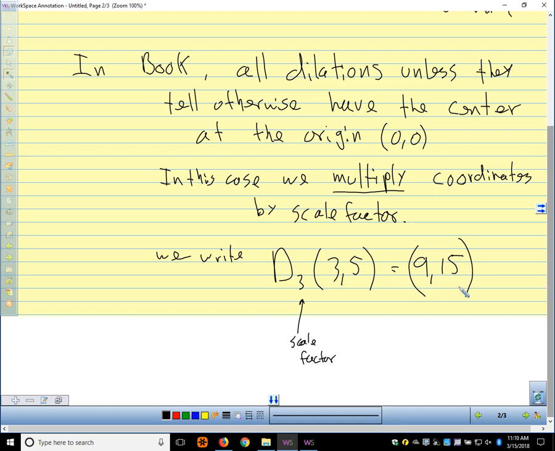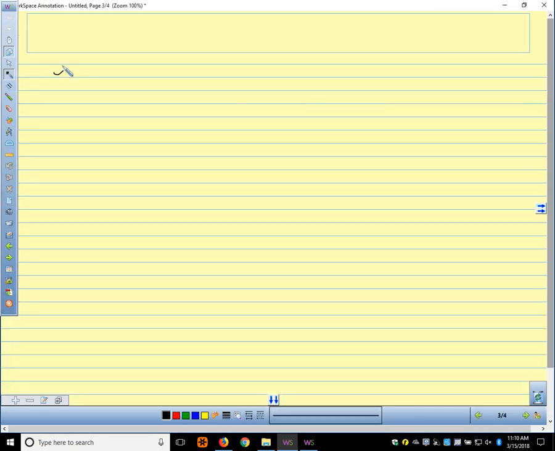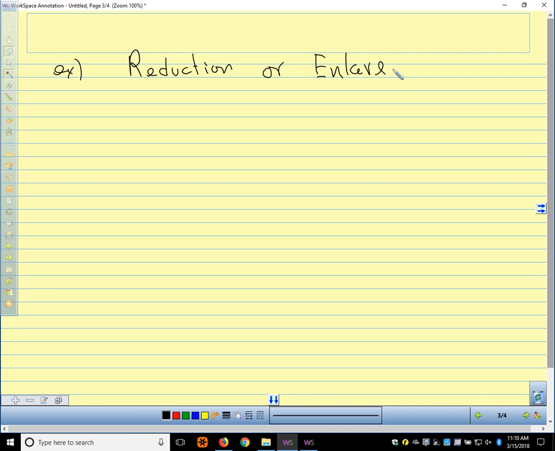Okay, I just want to go through a couple of examples, and then we'll be done with chapter 9. So for this one, we want to know if this is a reduction or enlargement, and we want to find the scale factor.